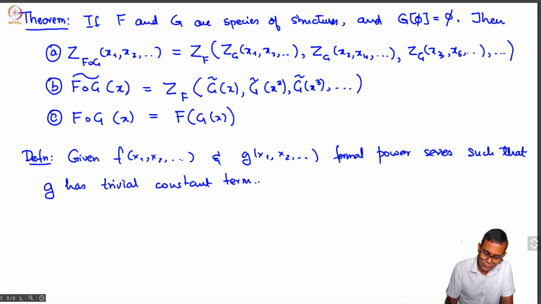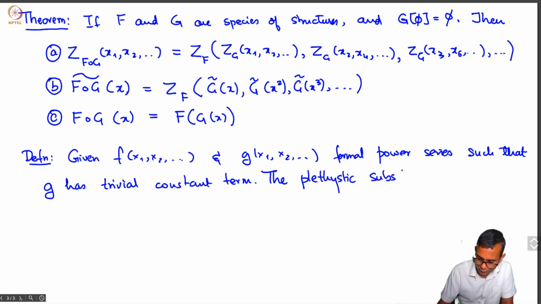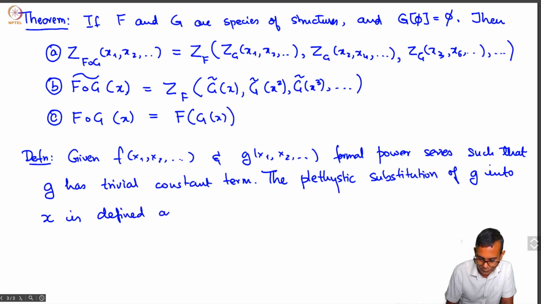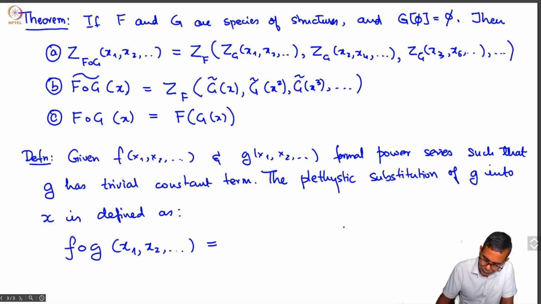The plethystic substitution of g into f is defined as f circle g of x1, x2, ... is equal to f of g.